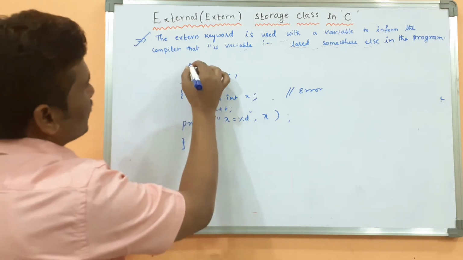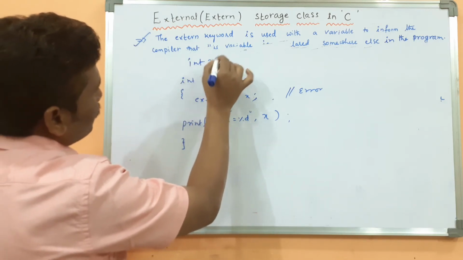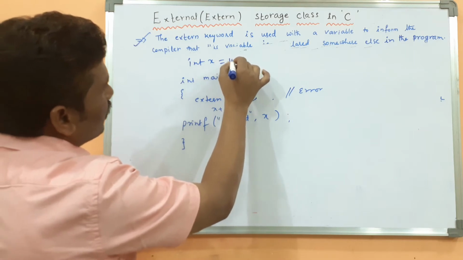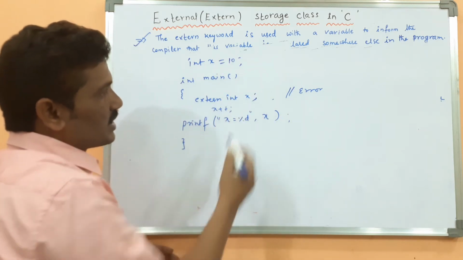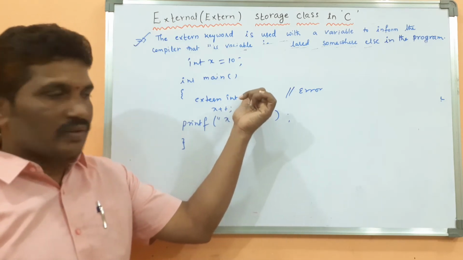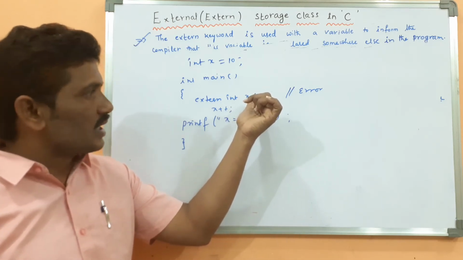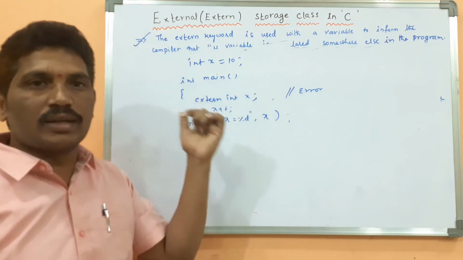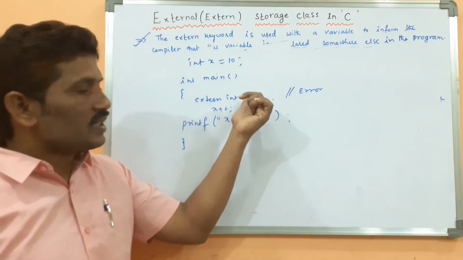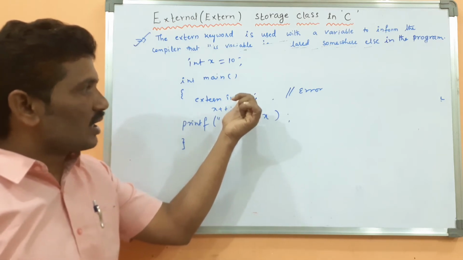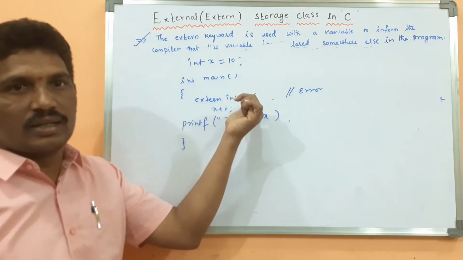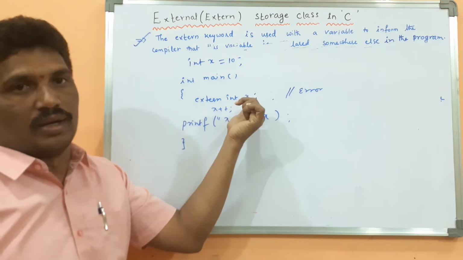Suppose int x = 10. Whenever you use extern int x, what is the meaning of this statement? The compiler understands that this variable has been defined somewhere else in the program, and memory is not allocated to the external variable.